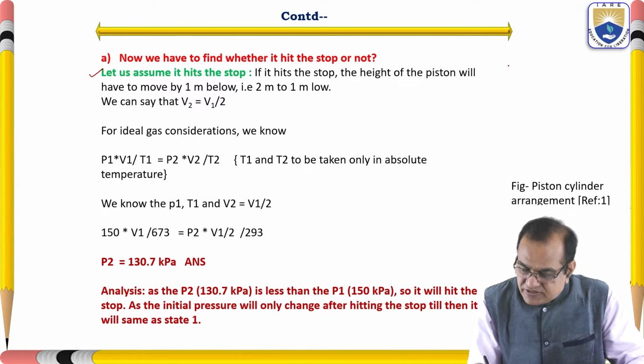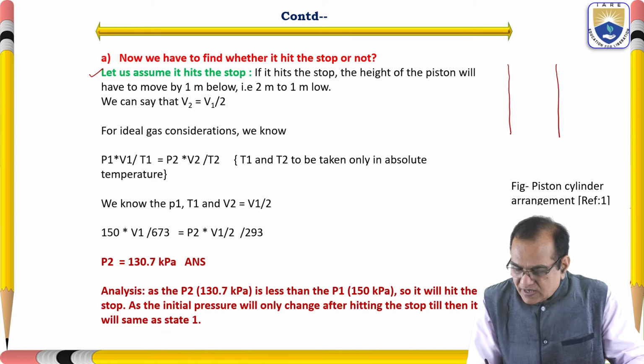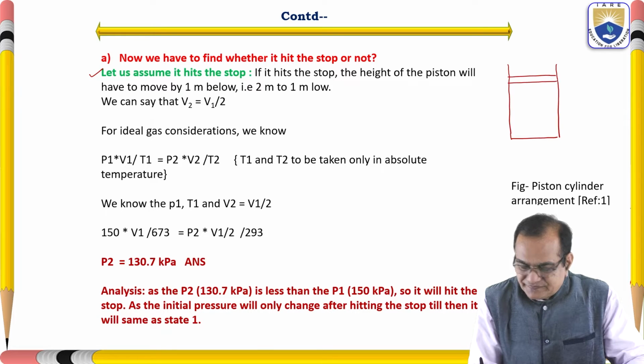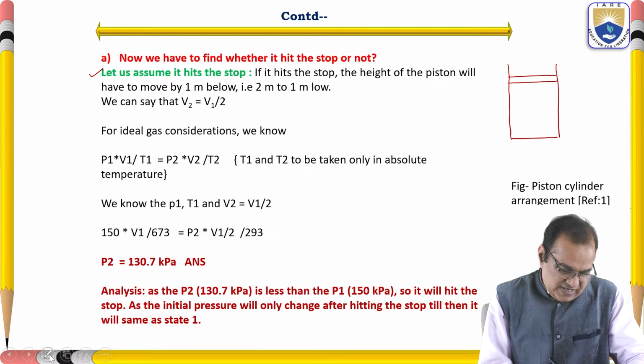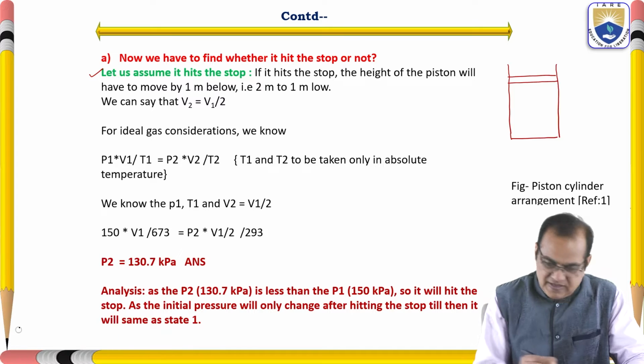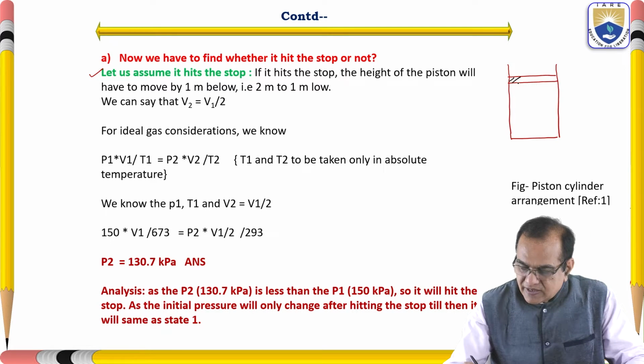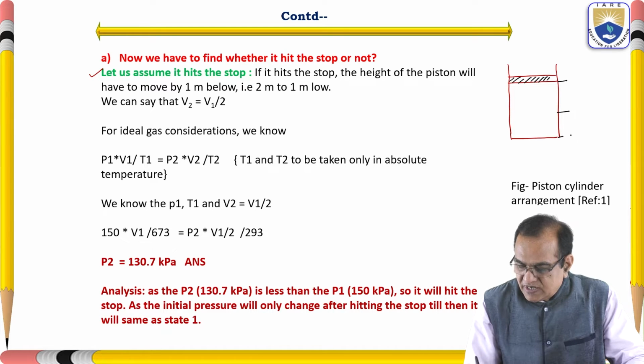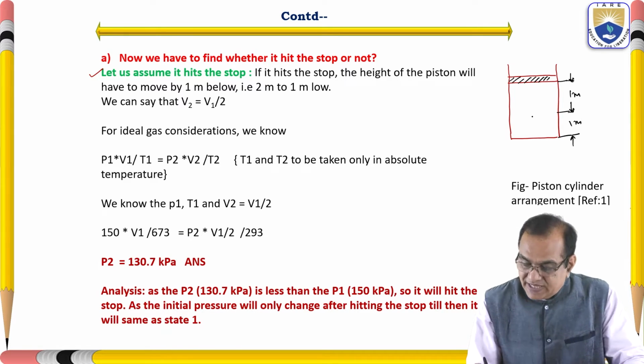So I can draw this here again. Initially it is here. This is your piston, and from here to here this is 1 meter, this is 1 meter, and there is a stop here.